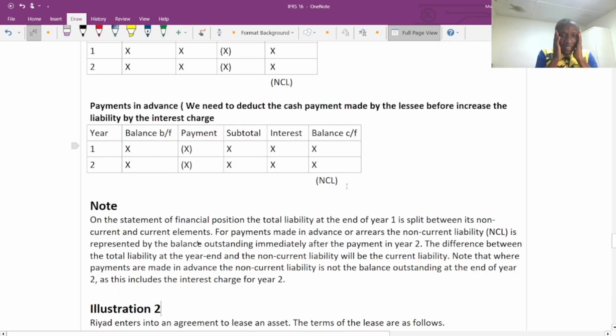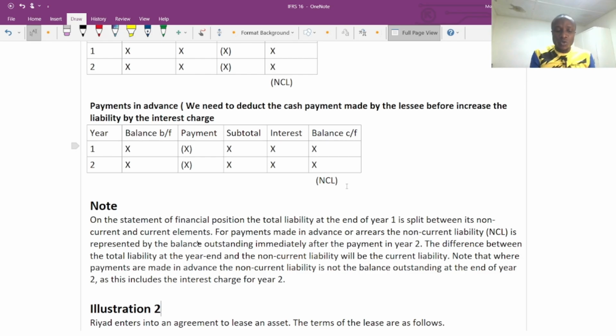Simple. Another important concept that you need to know for the examination, because according to IAS 1, the presentation of the financial statements, we are required to present certain information in a distinct manner. For example, if we have a total liability, we need to split it between what is current, which can be settled within 12 months, and what is non-current, which cannot be settled within the next 12 months.